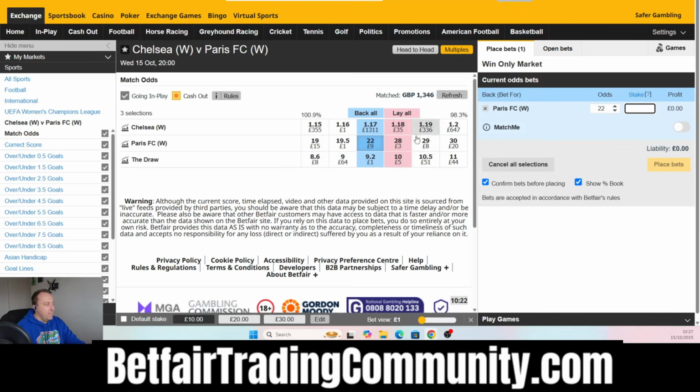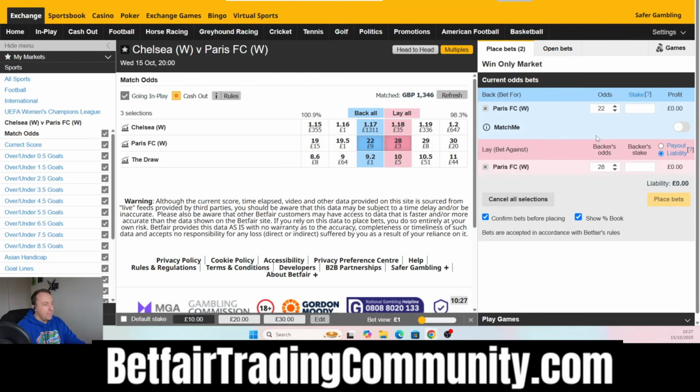Because you can see here, and I'll just bring this up, there's a gap between the decimal odds of 22 and 28, or in fractions, 21 to 1 and 27 to 1. There's quite a gap there, a 6 to 1 gap essentially in those odds.